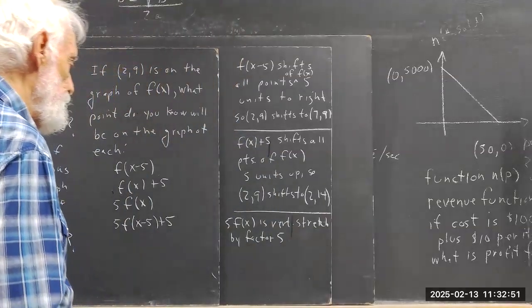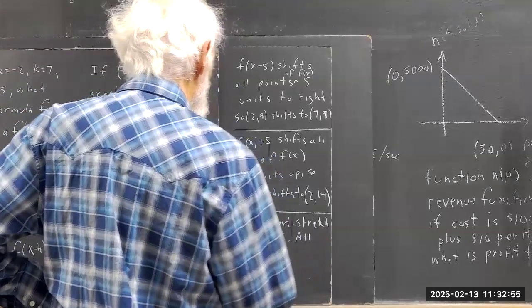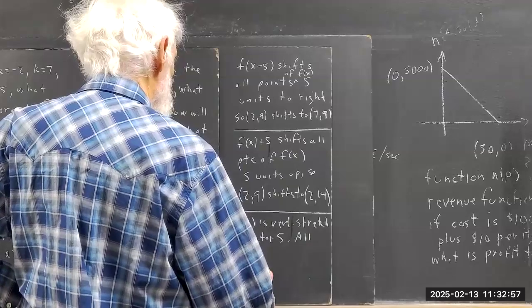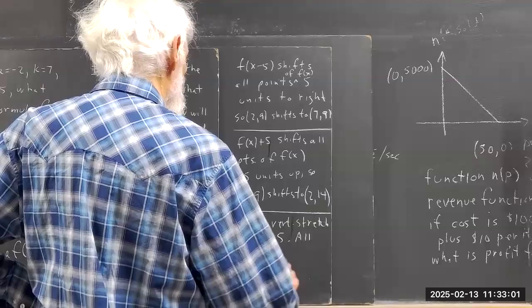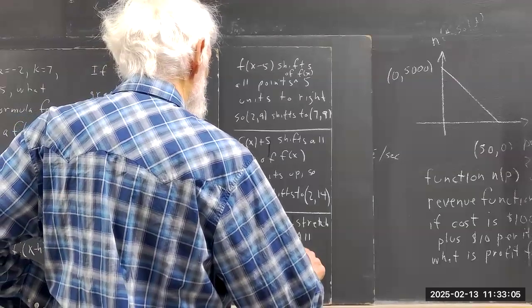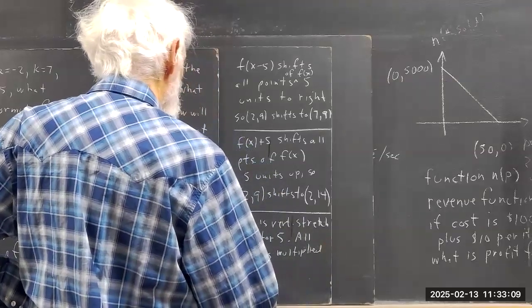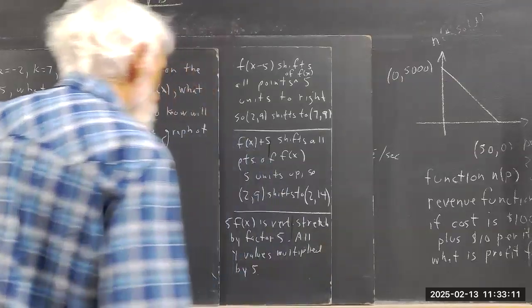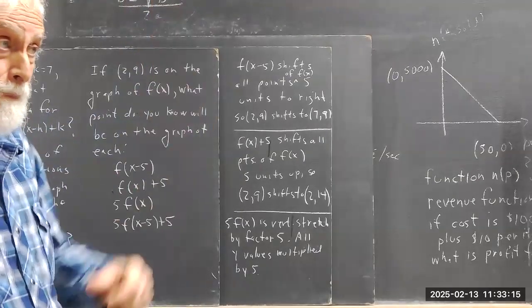That means that all y values are multiplied by 5 because that stretches things out vertically.